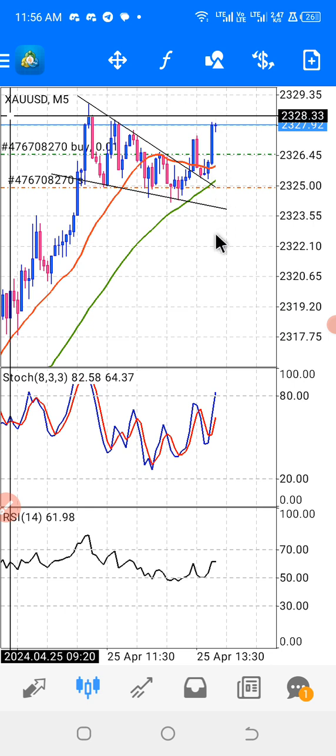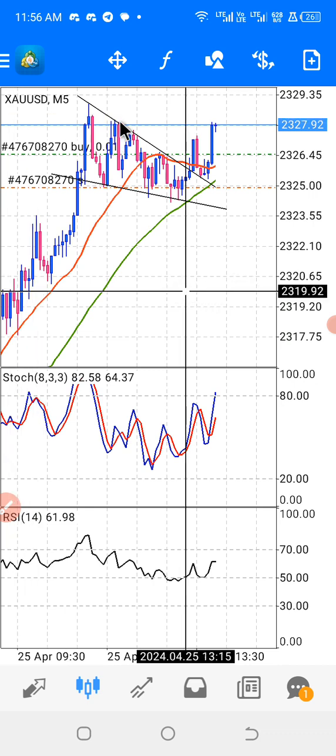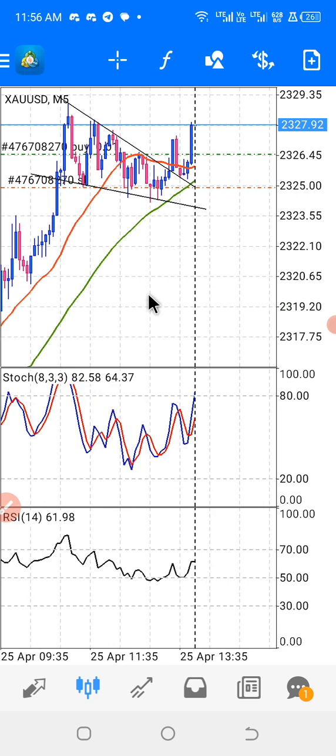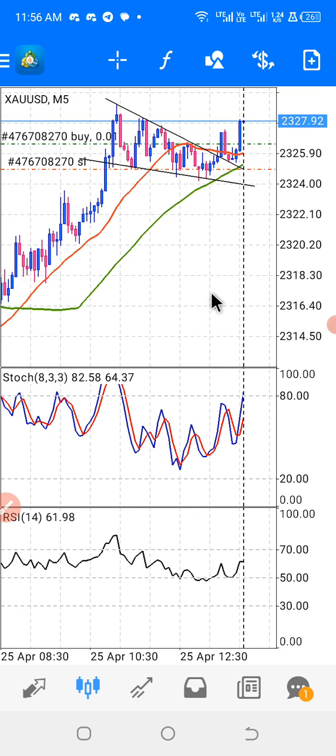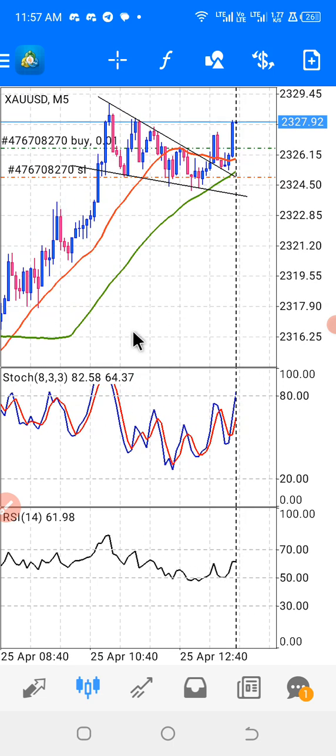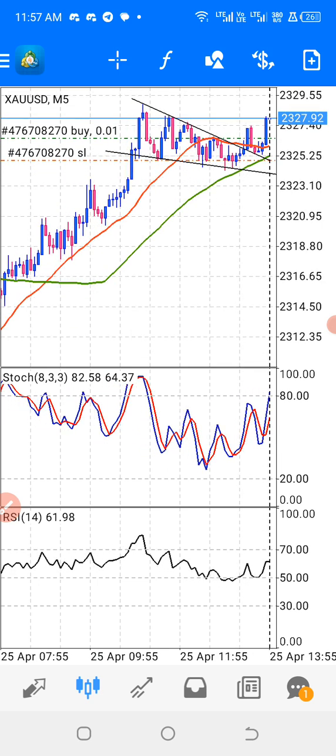Okay, of course you can see this is like a pullback. So if you put your Fibonacci, let me show you something, guys. If you put your Fibonacci, say from this low, let me see where I can place my Fibonacci.